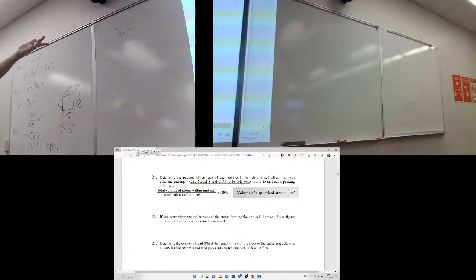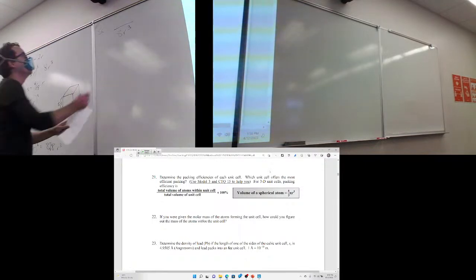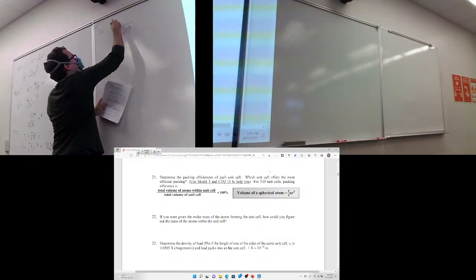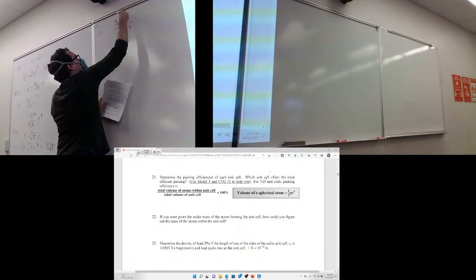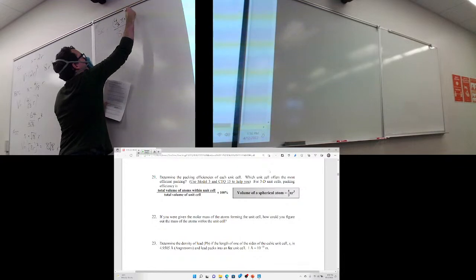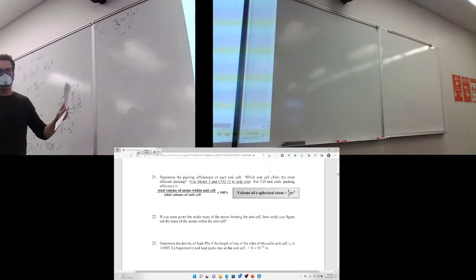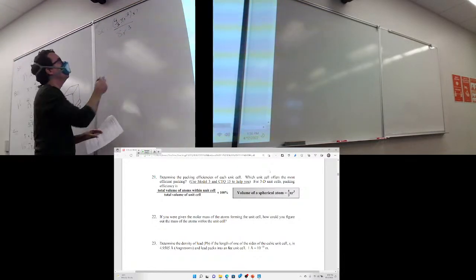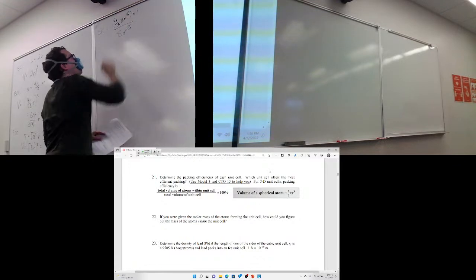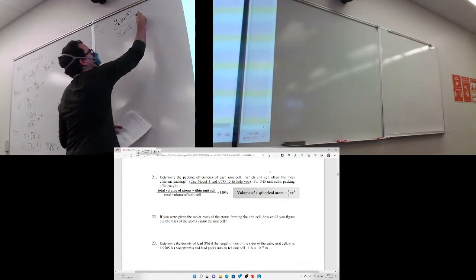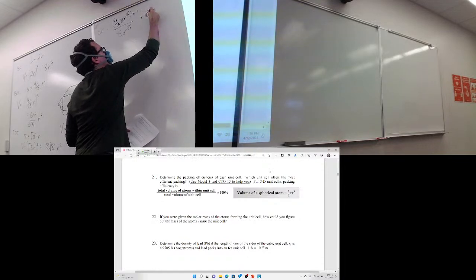How many atoms do we have inside simple cubic? Just one, total. So it's just going to be 1 times that, 4/3 pi r cubed. And I'll just times 1 specifically so you can see it's just 1 atom in there. Notice that the radical 3's cancel out. Oh, and I forgot, it's times 100%.